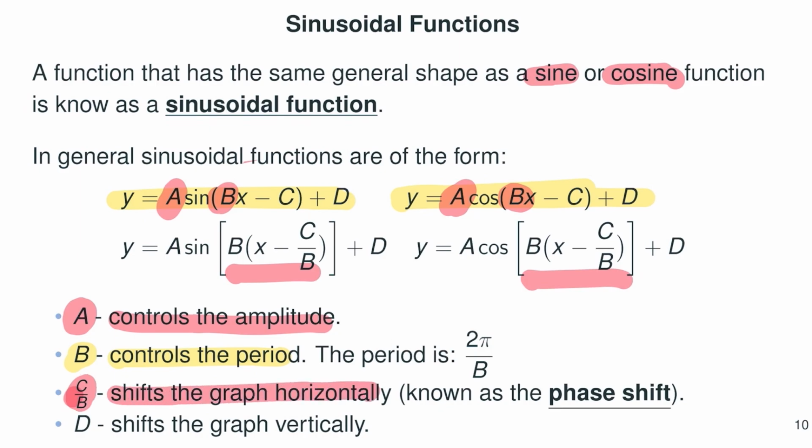In trig function terms, we call it phase shift. And lastly, this number D right here, plus D, we call it vertical shift, also known as the midline in trig function. So let's look at an example of each of these components: amplitude, period, phase shift, and midline.